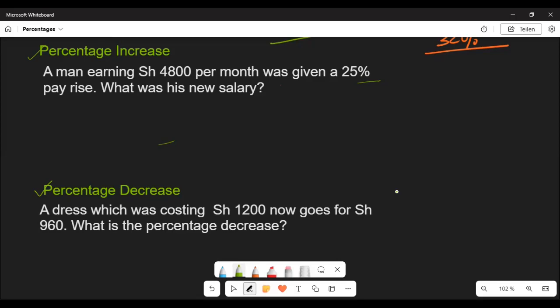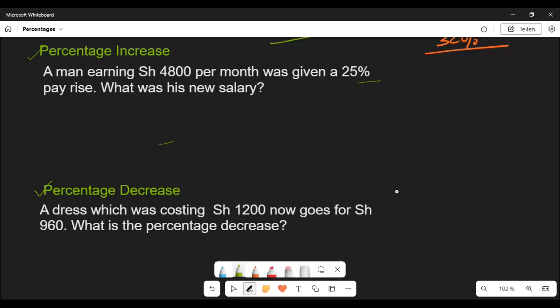Sometimes you've been working in a company for long, or you've been a good employee, or you have more experience, and as a reward, the company would give you like 25% increase in your allowances, so they can decide to increase your salary.